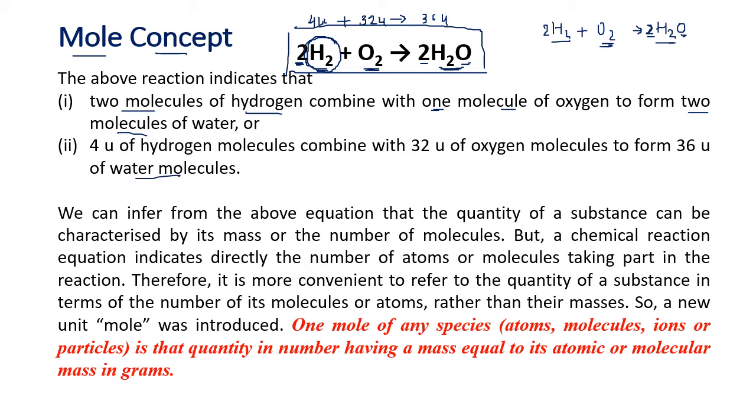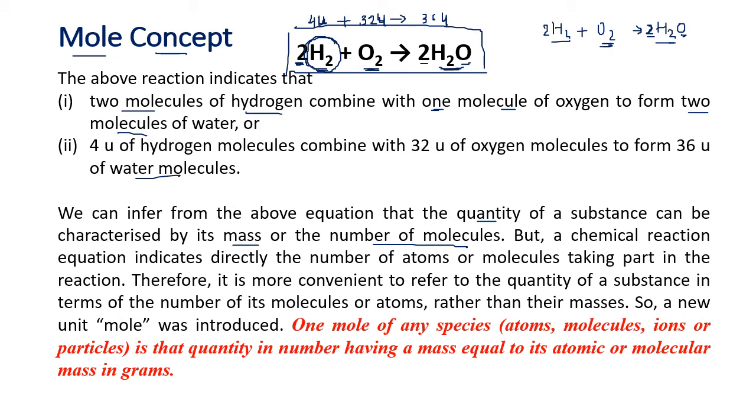What can you say here? We can say that the quantity of the above substance can be characterized by its mass or by the number of molecules. Here we did it by the mass. 4 units of hydrogen plus 32 units of oxygen gives us 36 units of water molecules.